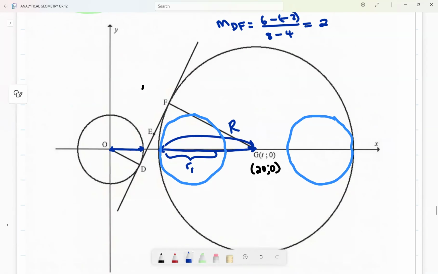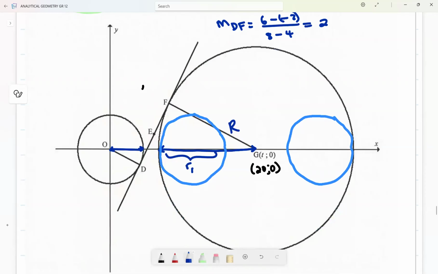Let me explain it like this. I'm thinking of using the bigger circle, and translate it such that it becomes this one.